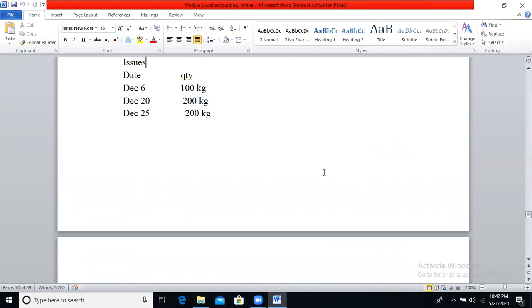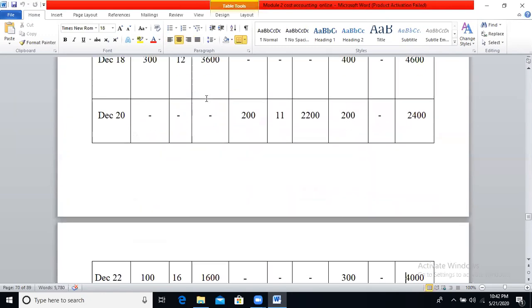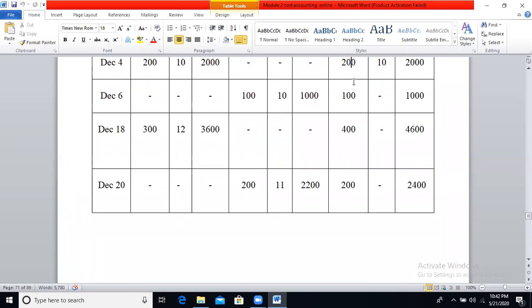The next is issue, on the date December 20th, we are issuing 200 kg. So date is December 20th. We are issuing 200 quantity. In case of simple average price method, you have to see the previous balance. How will you get this 400 units?